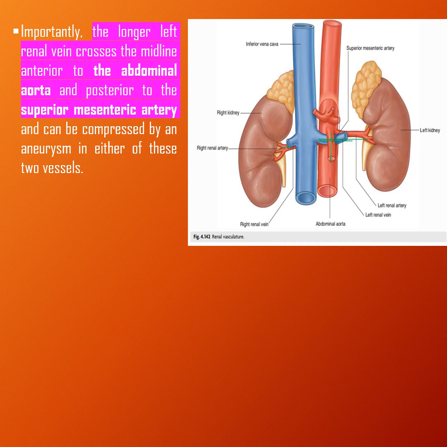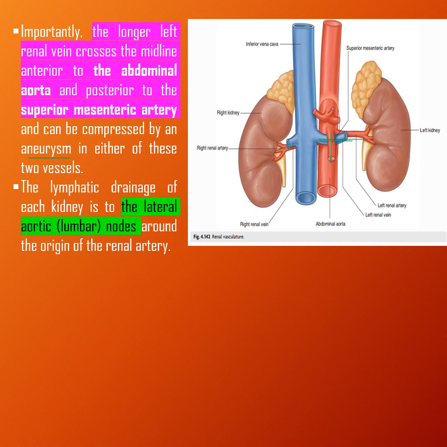So it's obvious that if there is an aneurysm in the aorta or the superior mesenteric artery, it definitely compresses the left renal vein.